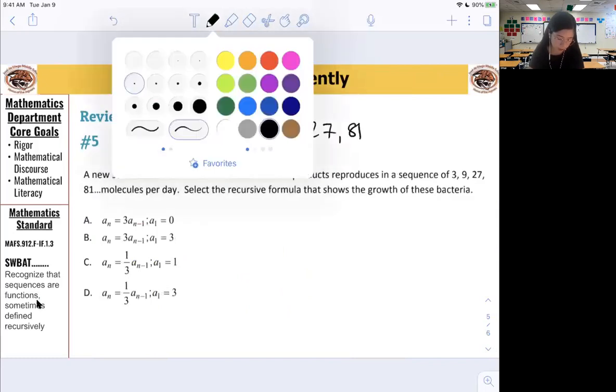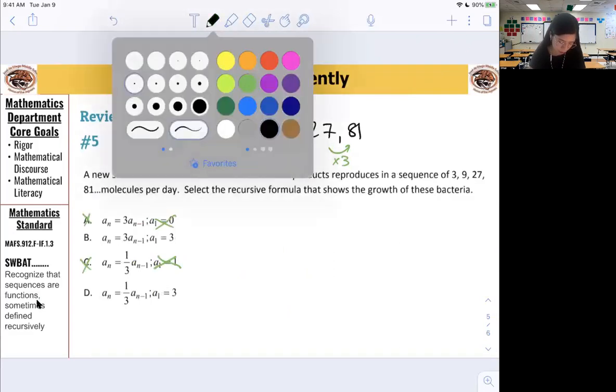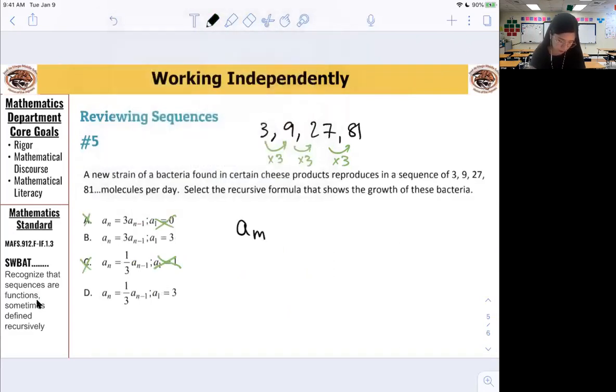The first number in the sequence is 3, which means C and A are out of the question. And the pattern is that I'm multiplying by 3 to get to the next number. So check out answer choice B. Answer choice B, I'm just going to rewrite it, is A of n equals 3 times A of n minus 1.